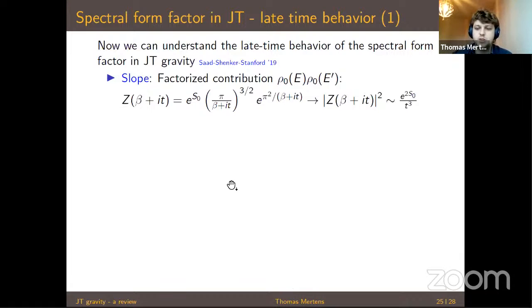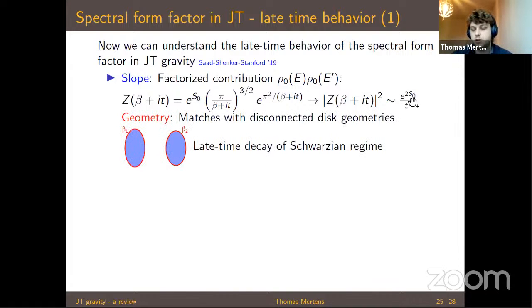The first piece is the slope piece in this late time behavior, and this arises from the factorized contribution of the pair density correlator. This just comes from the product of two of these analytically continued partition functions, which we have already calculated. This is the Schwarzian calculation, or the disk calculation, and it gives you a 1/t³ decay. This is the slope region.